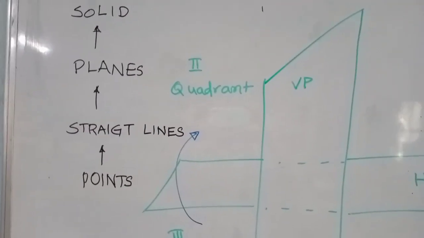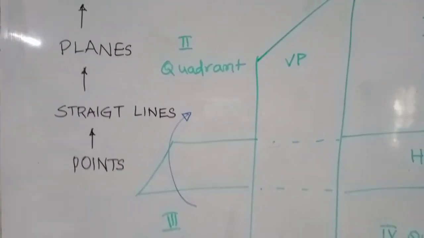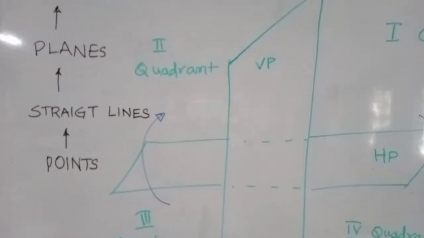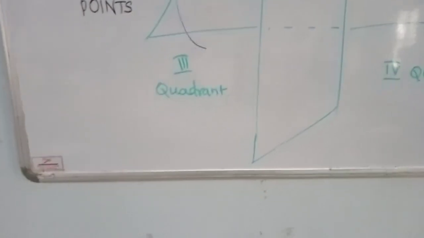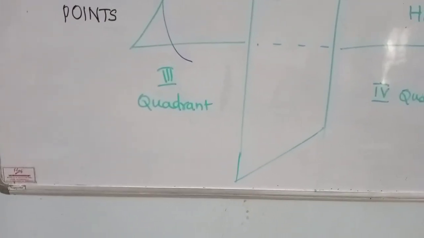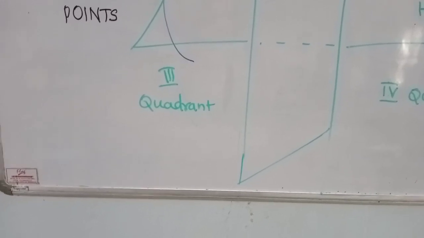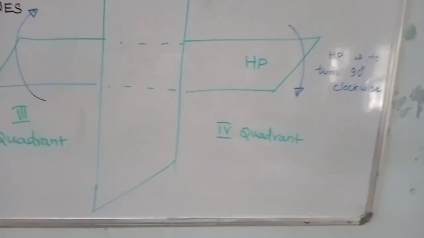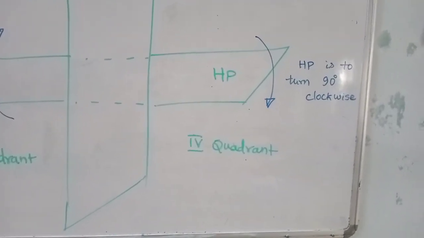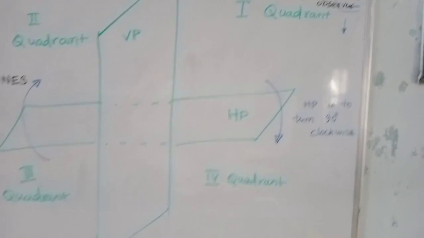Here it is behind the vertical plane and above the horizontal plane. In the third quadrant, the point is behind the vertical plane and below the horizontal plane. Likewise, in the fourth quadrant, the point is in front of the vertical plane and below the horizontal plane. That is how we can decide the position of the point.